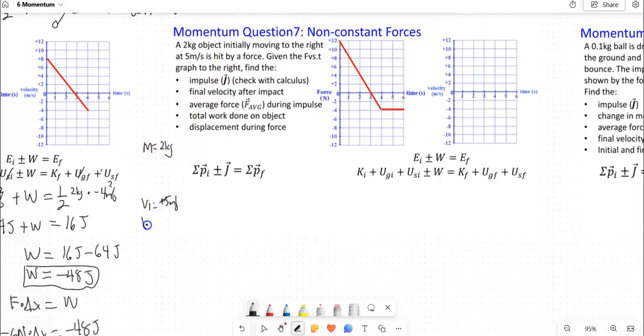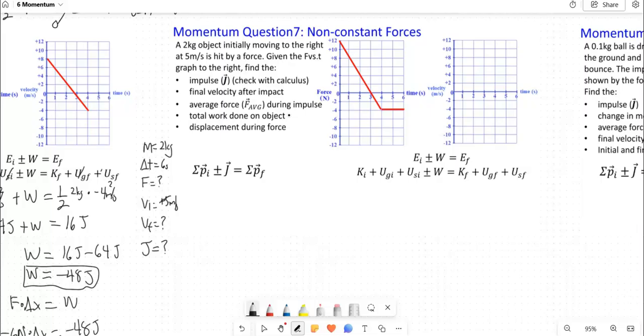So we need to figure out the final velocity. It looks like we have the time again, which is going to be 6 seconds. And so we need to figure out the force. We need to figure out impulse. We need to figure out work. We need to figure out everything. So there's a lot of stuff to do here. So let's go ahead and try this out.